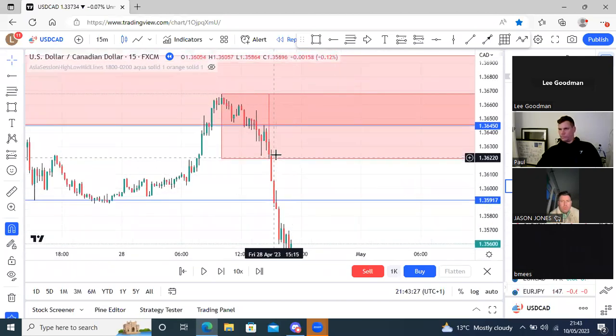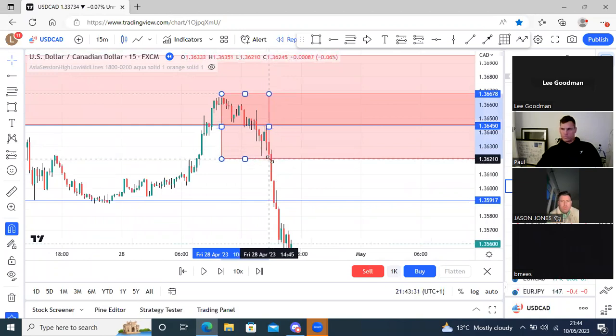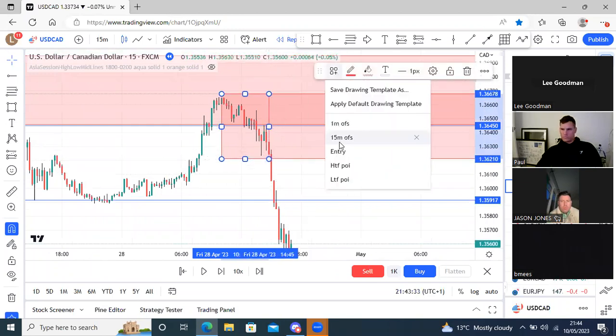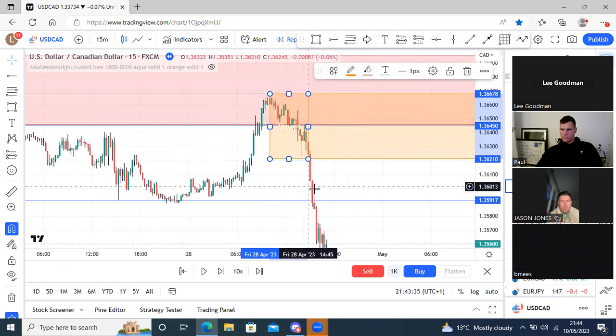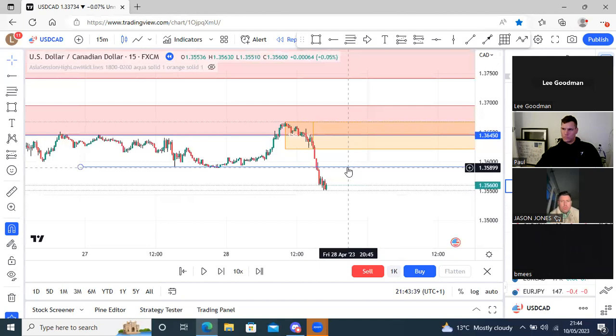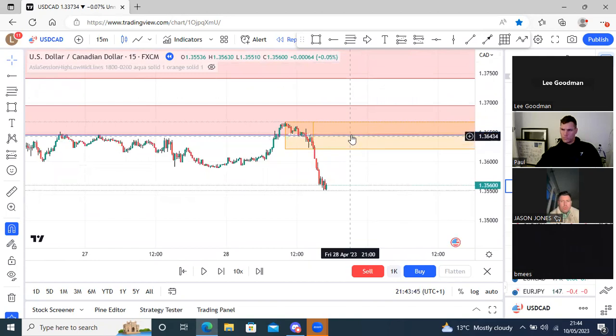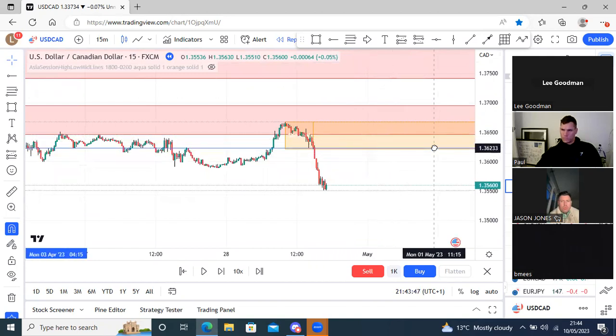Because of the width here, I think you could go to this point here, but because of the width, it's just a bit safer, to make sure I don't miss the imbalance. And again, I just set my alert, moving my alert to the open of this box again.